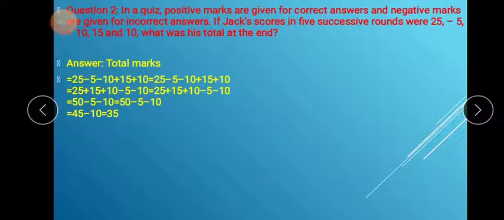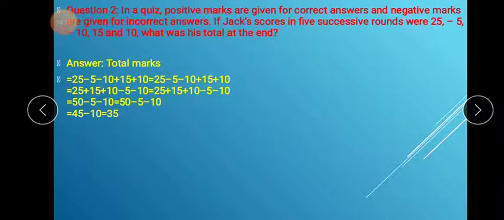If Jack, a student's name is Jack, scores in 5 successive rounds, in 5 rounds, his scores were 25, -5, -10, 15 and 10. What was his total at the end?